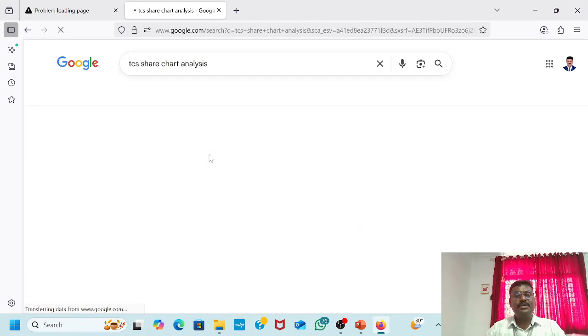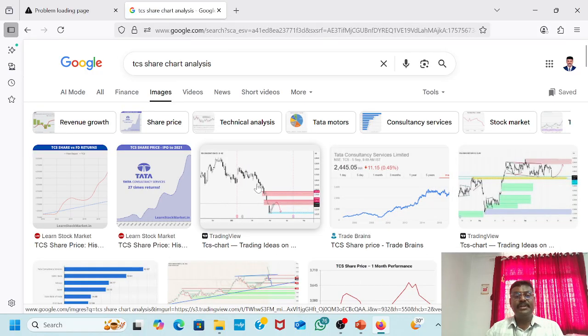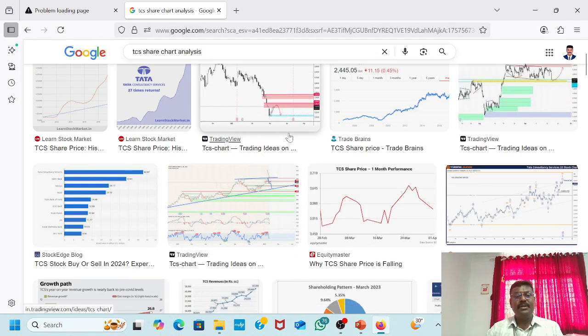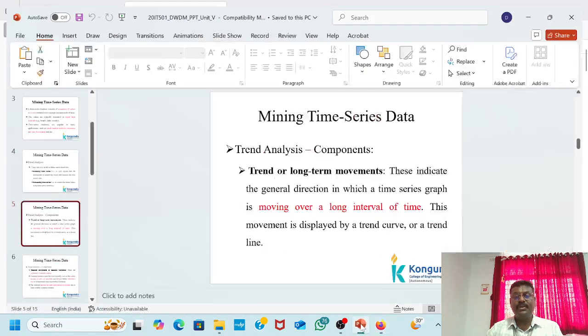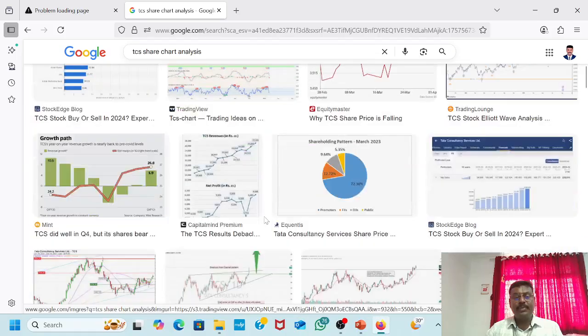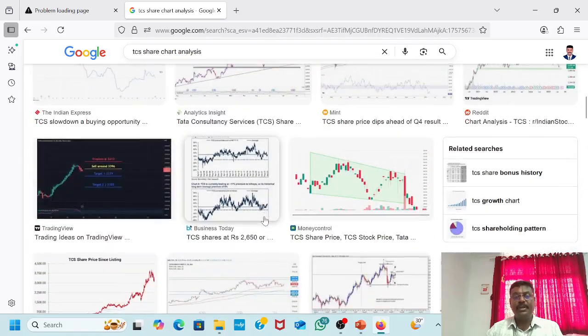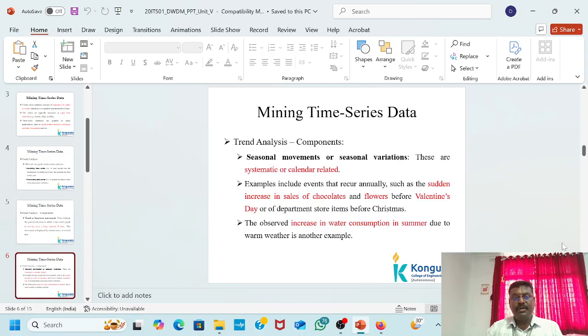You can analyze the trend purely using these techniques, called the trend analysis components: the trend or long-term movement. Based on the trend analysis, you can purchase a particular stock in the real-time market, using long-term and short-term movements. This indicates the general direction in which the time series graph moves over a long interval of time. This movement is displayed on the trend curve or trend line.